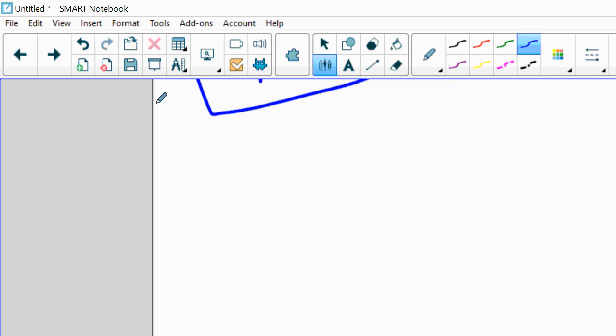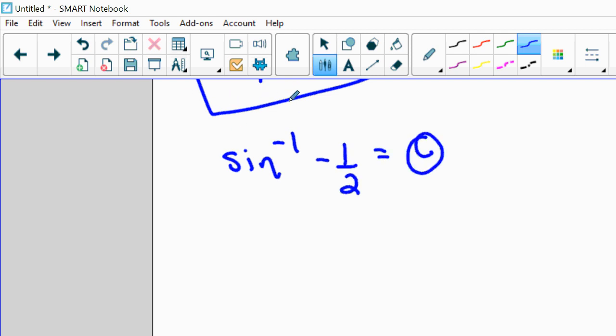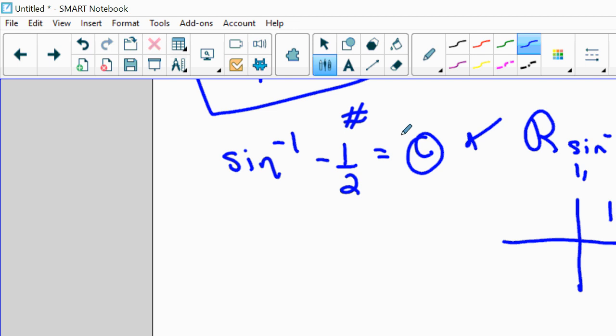Okay, so if somebody asked me sine inverse of negative 1/2 equals theta, because it's sine inverse of a number equals an angle, this is the range of inverse sine of x, which is quadrants 1 and 4.